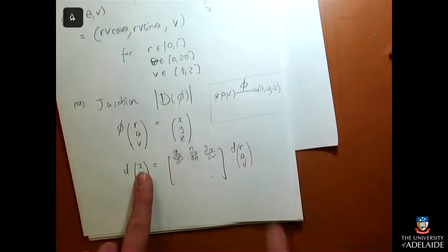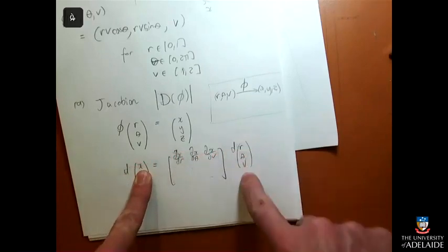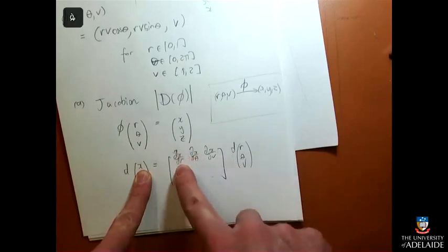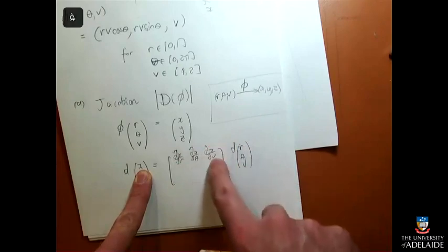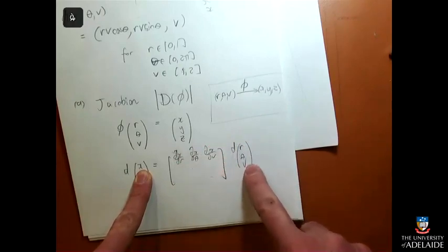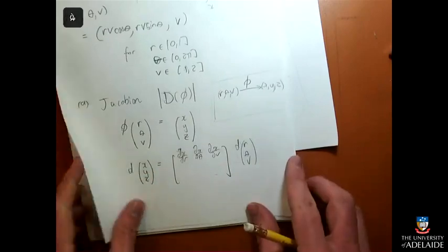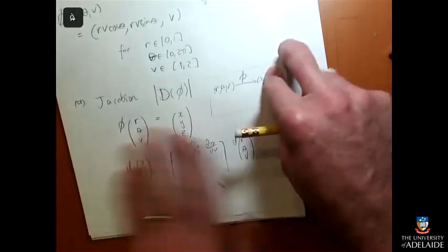So my first coordinate, dx, should be the first row times this. And so I get dx on dr times dr, dx on d theta times d theta, and dx on dv times dv, which should give you overall a dx, because it's all in terms of dx. Right. So if I really want to do it properly, I would put them all in, right?